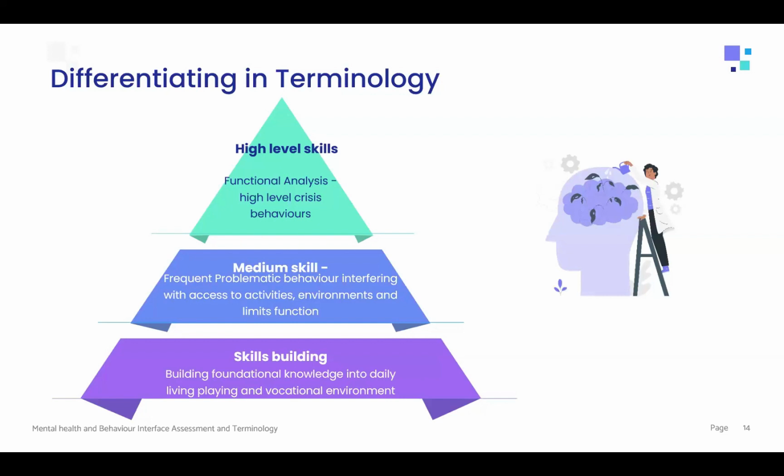The second level usually involves behaviors that happen a little bit more frequently. There's usually a disruption to the instruction or to the rest of the context, as well as the magnitude is having some impacts on the person's day-to-day functioning, day-to-day interactions, day-to-day access to different environments.